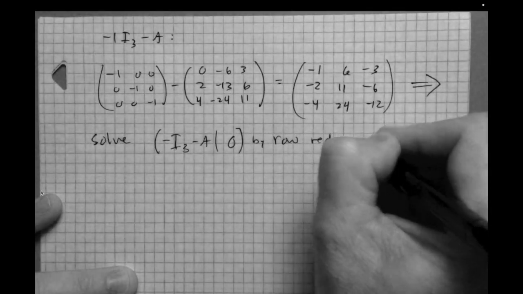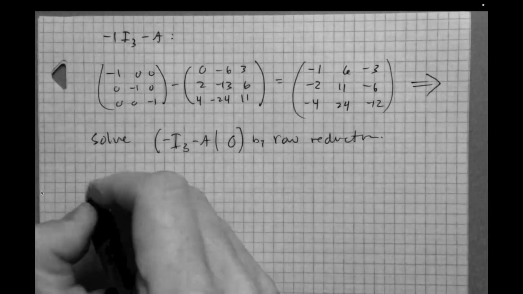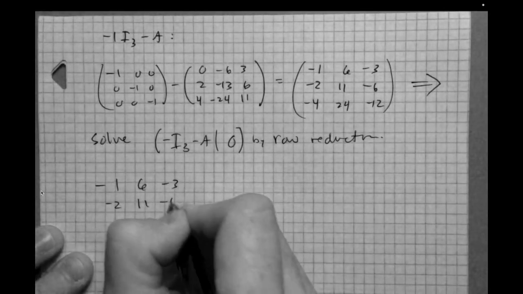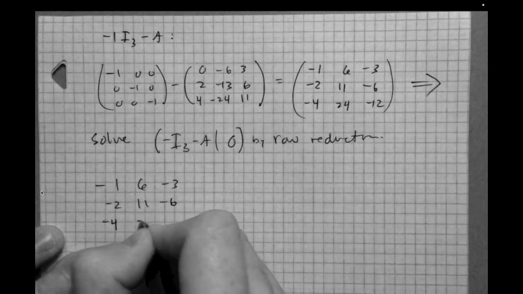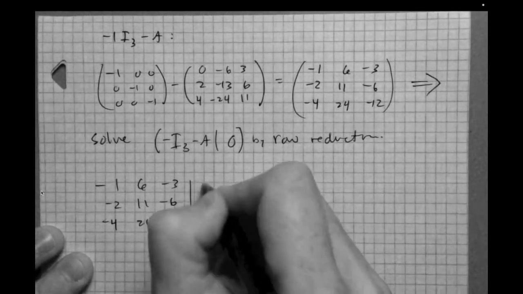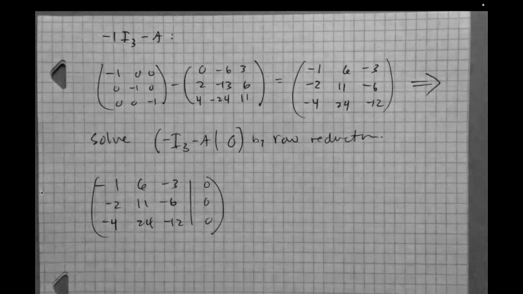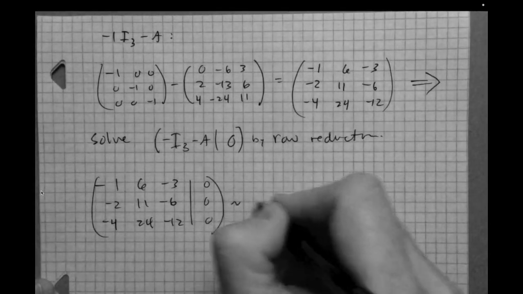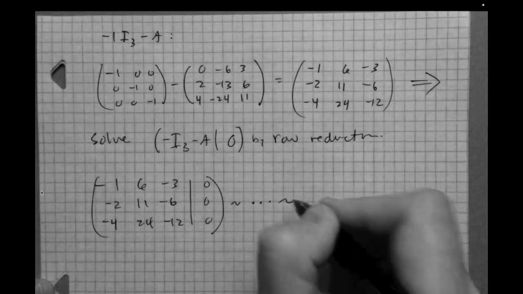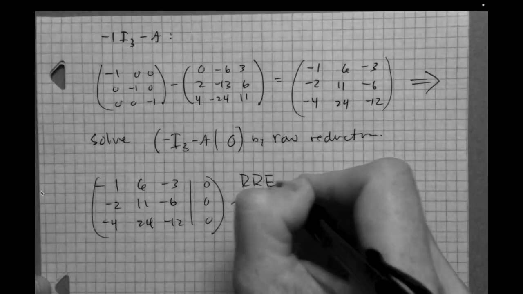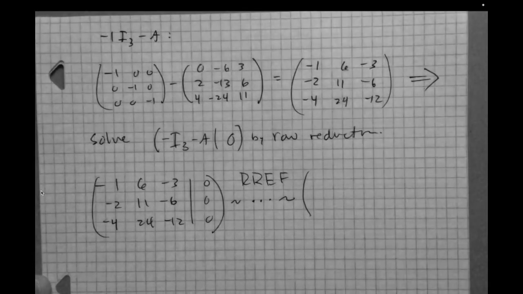Okay, and so it'd be -1, 6, -3, -2, 11, -6, -4, 24, -12, and then 0, 0, 0. Homogeneous system, right? And so we can row reduce this using the normal row operations, and we want to put this into RREF.